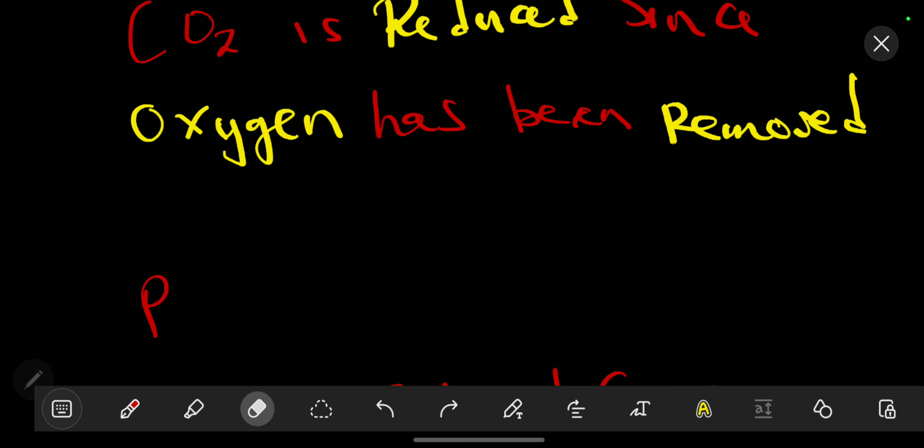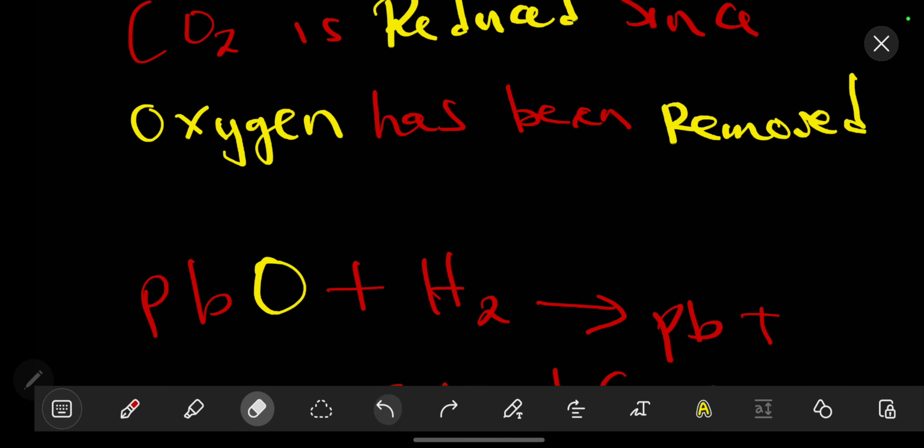Let's take this other equation. Let's say we have lead oxide reacts with hydrogen to produce lead plus water. Now this one is reduction since oxygen has been removed from there, but at the same time it's oxidation on the part of hydrogen.